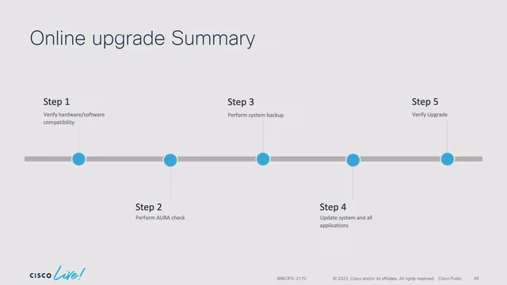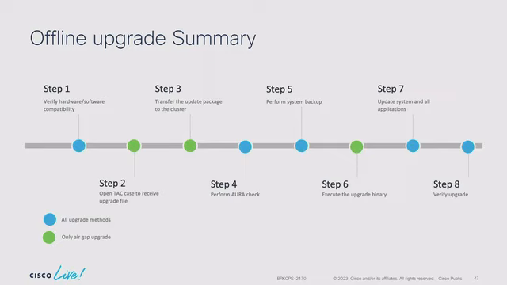Then the last step is to verify the upgrade. The difference between the online upgrade and the offline upgrade, can you spot it? Can you see it? The ones in green are the differences between the online and the offline upgrade.